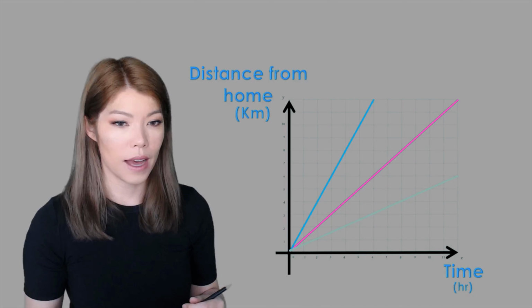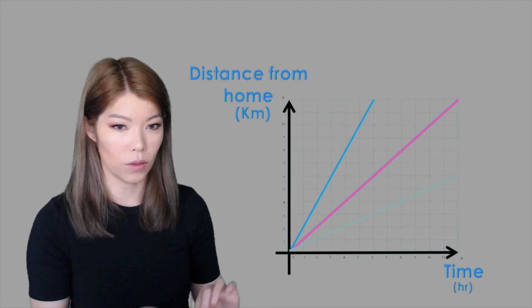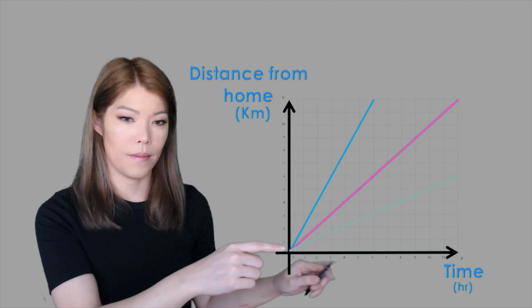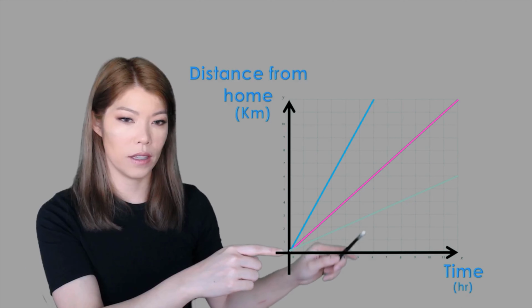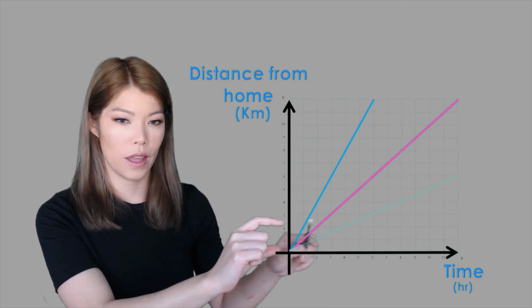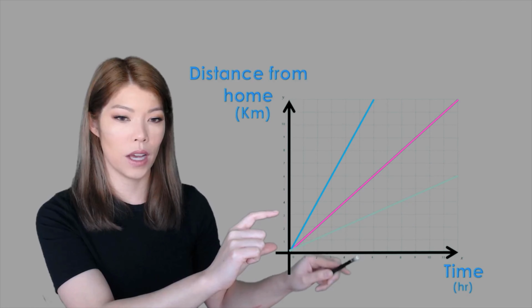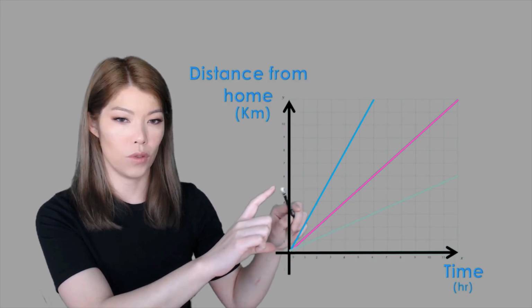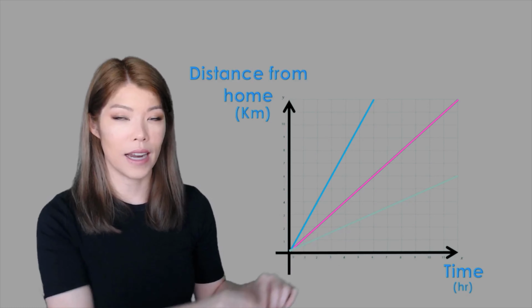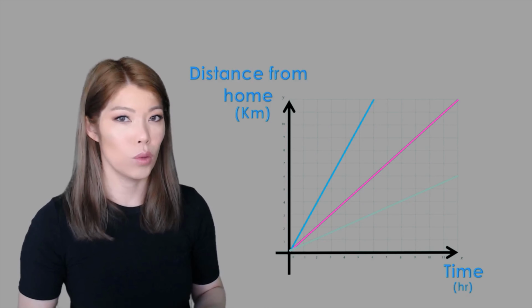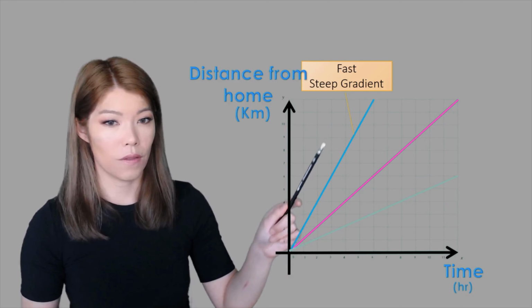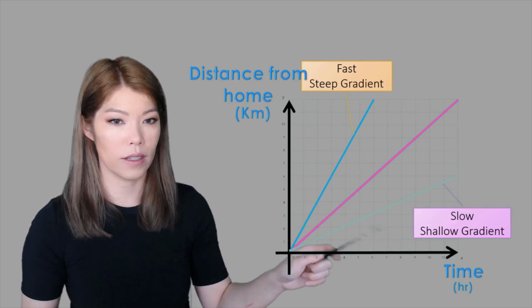What about a line that's flatter or lower? After the same amount of time, we can see that it's only moved this amount, and the pink line has moved more. So the green line has moved the least. So it's moving the slowest. So fastest, slowest.